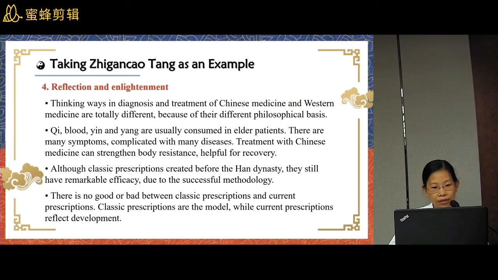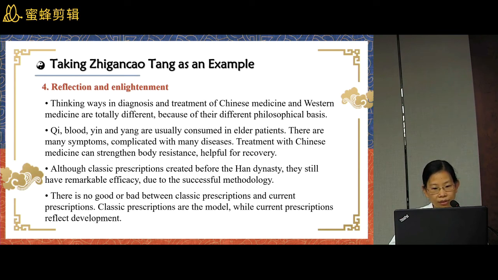Firstly, thinking ways of diagnosis in TCM and Western medicine are totally different because they originated and developed from different philosophical bases. TCM focuses on qi, blood, yin and yang, which are metaphysical, while Western medicine emphasizes substances which are physical.